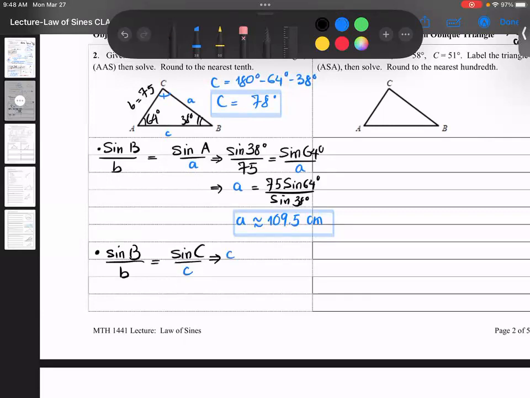So c equals b times sine C, which is 75 times sine 78, divided by sine B, which is 38. Let me rewrite my 78. So c is approximately 119.2 centimeters.